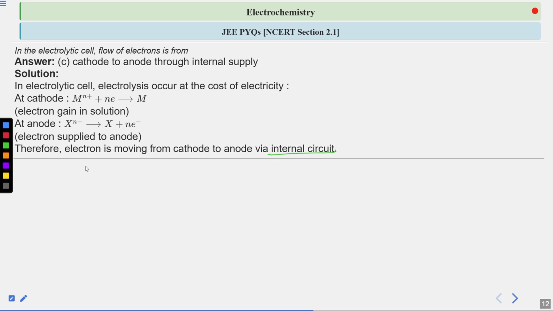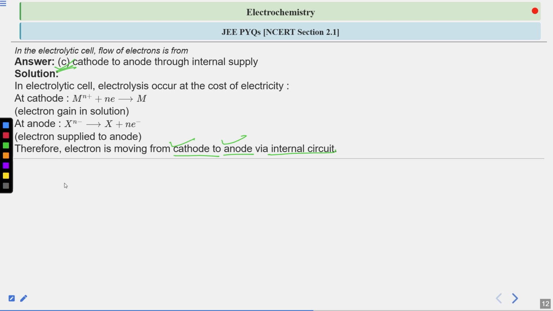That's why we are saying that the electron is moving from the cathode to the anode, because at the cathode electron gain in the solution is happening, and at the anode the electron is supplied to the anode, right? So the correct answer is option C.